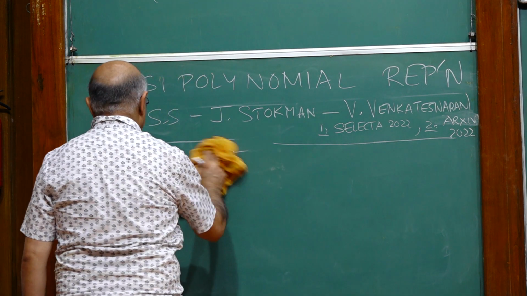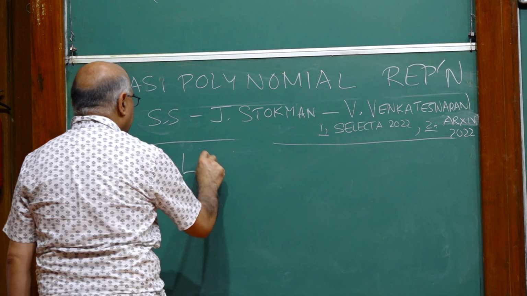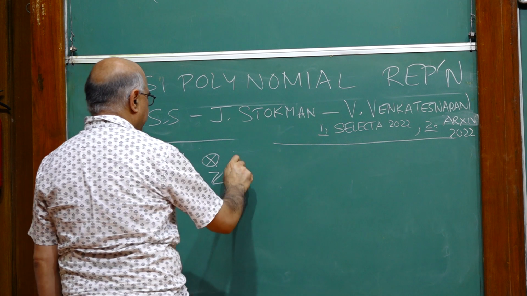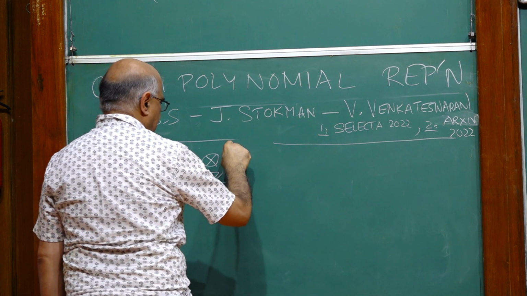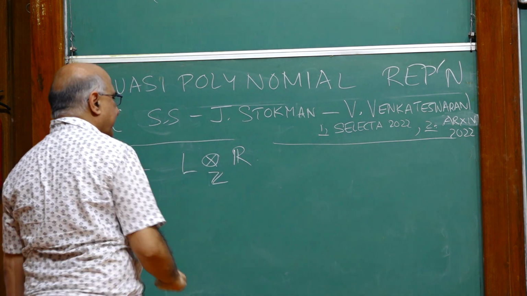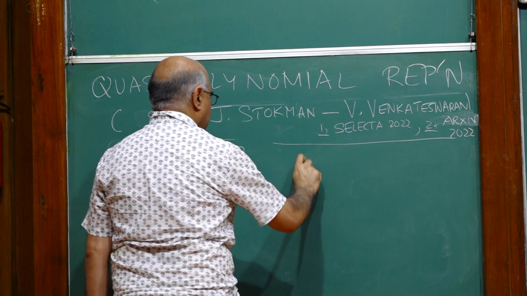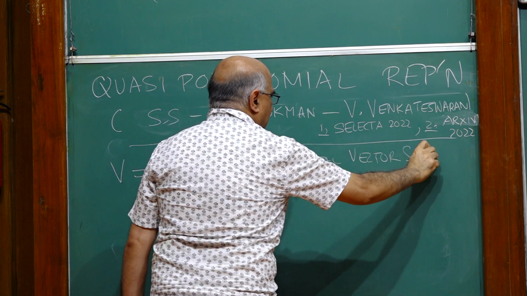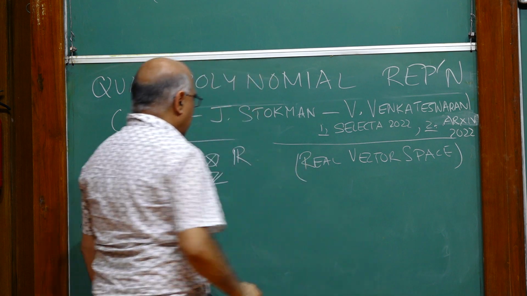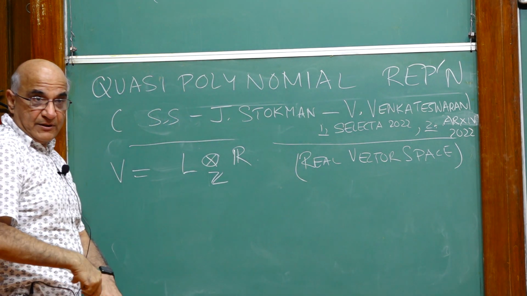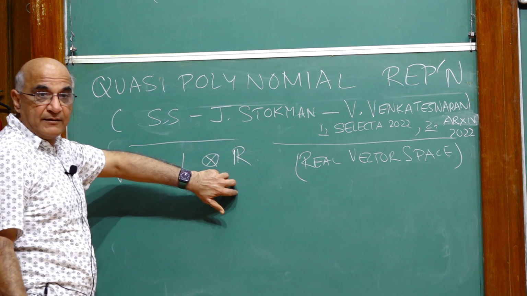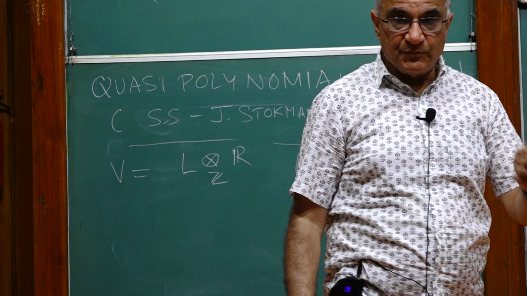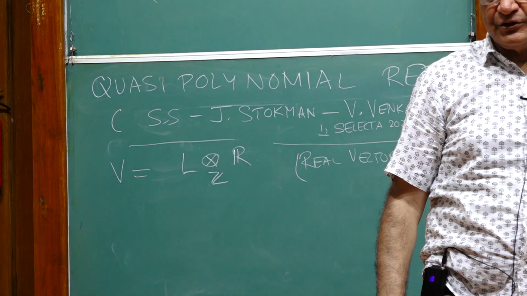I will rather take L tensored over Z with R, so it's a real vector space. I tensor the lattice with R. This is the part of the Cartan of the Kac-Moody Lie algebra, not including the derivation.